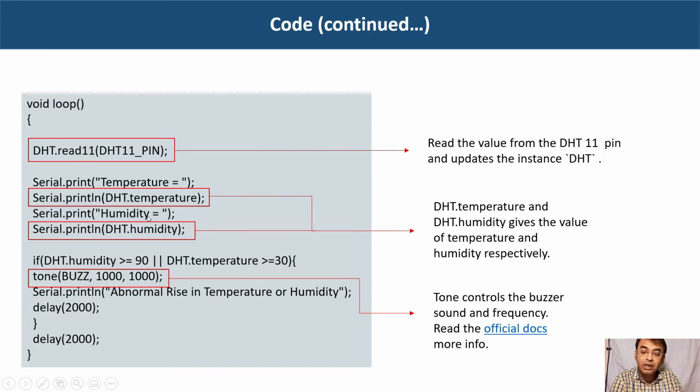You can see, guys, Serial.println dht.temperature and dht.humidity. And here I wrote if the humidity is greater than or equal to 90 and the temperature is greater than or equal to 30, then the buzzer will start ringing and it will print 'abnormal rise in temperature or humidity'. We have also inserted a delay function of 2000 milliseconds.